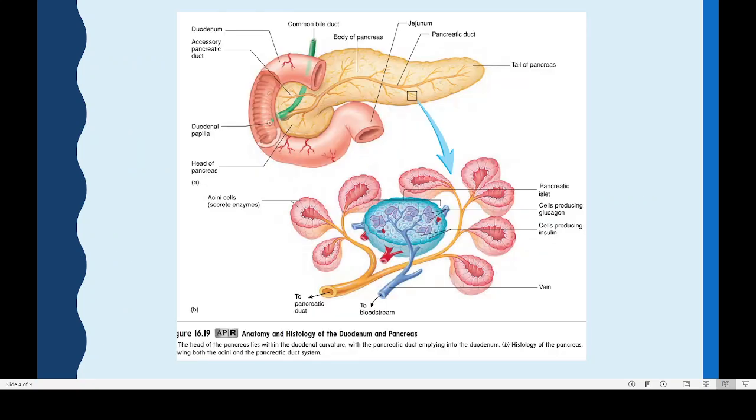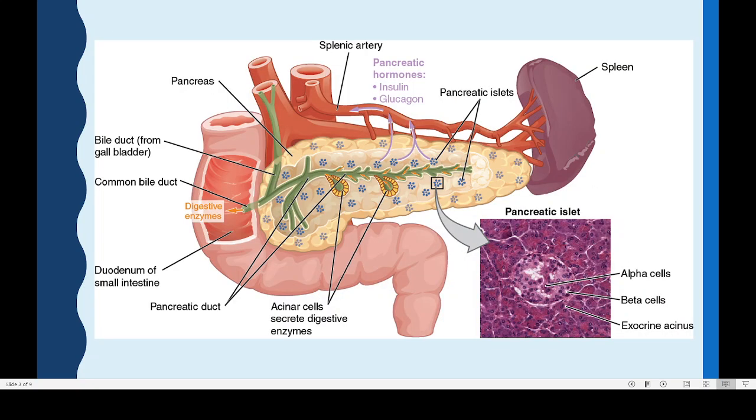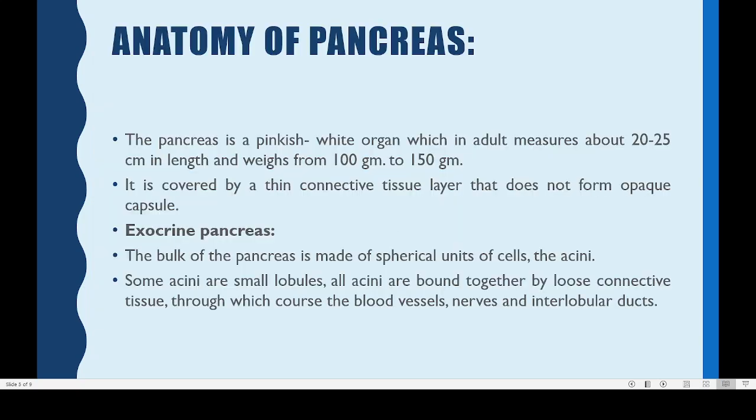Here you can see the outer covering, formed of connective tissue, and it does not form opaque caps. That is, it is not completely opaque; there is a certain level of transparency, and you can see the contents from outside also.